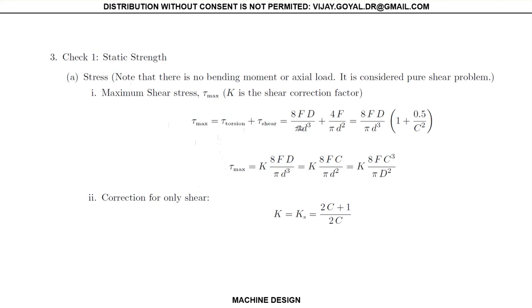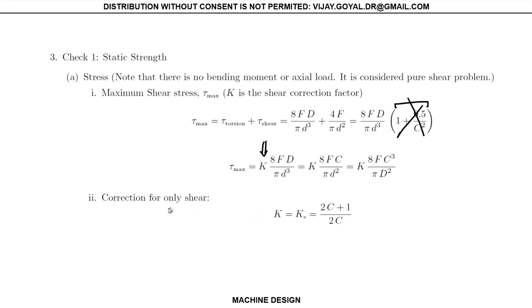Then when we add these, we find this famous factor that I told you earlier we will discuss later. Now this factor, we're going to get rid of this factor and we're going to multiply by a factor k. Even in the deflection, if you wanted to, you could use that factor k. But it's not really necessary. But now for shear, it is.